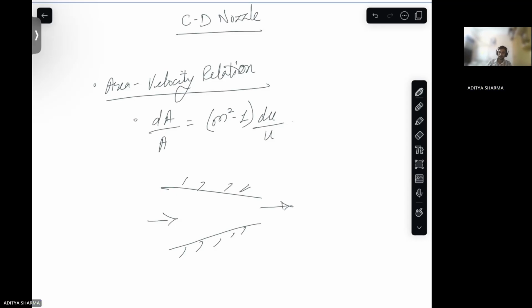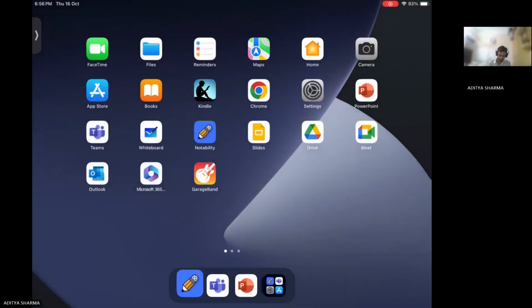But because we already have M squared minus 1 as negative, which means du will be positive, which means the velocity is increasing. So for subsonic flows passing through a converging duct, the velocity will increase. So this basically is the area velocity equation.